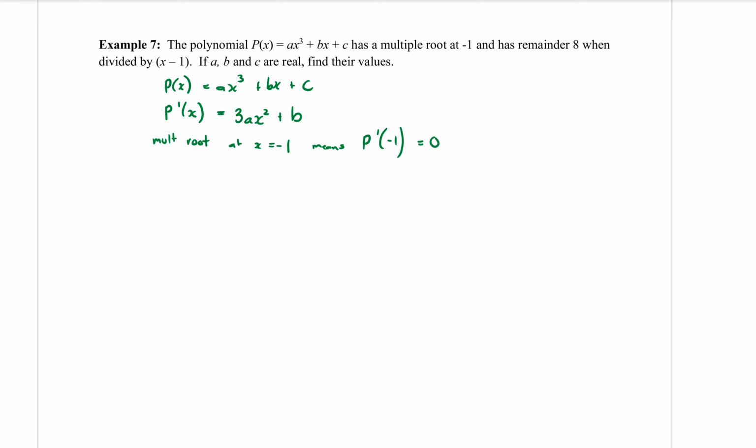So if I sub x equals -1 into my derivative, it's 3a times -1 squared plus b equals 0. I get an equation, 3a, -1 squared is 1, plus b. So b is equal to -3a. Okay, that's my first bit of information. I'm going to call that equation 1.